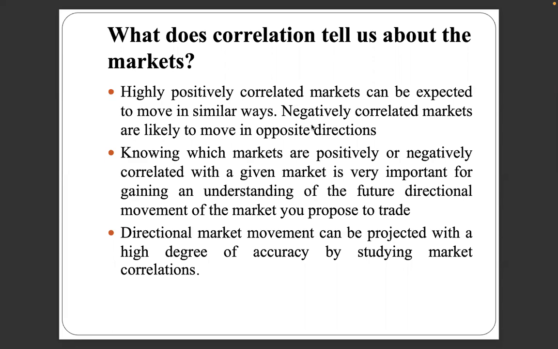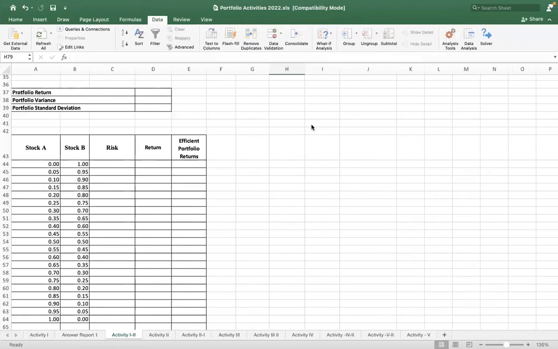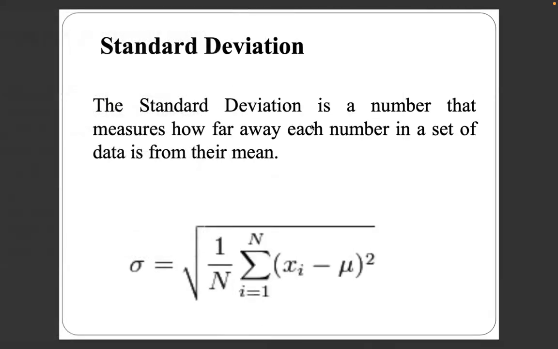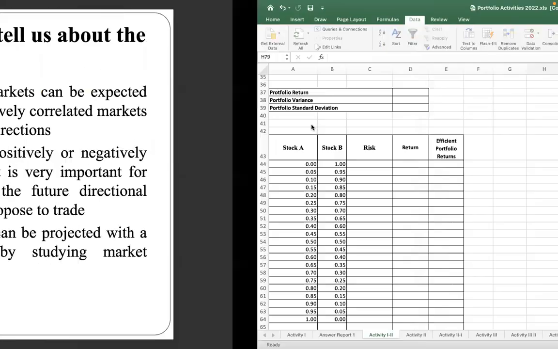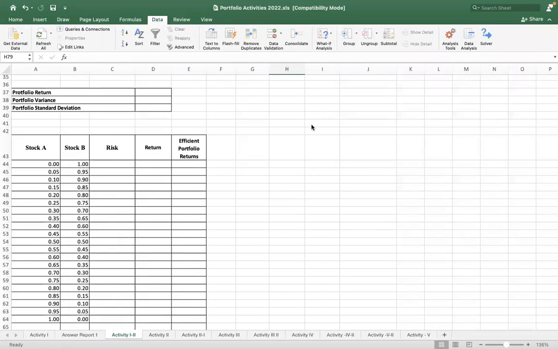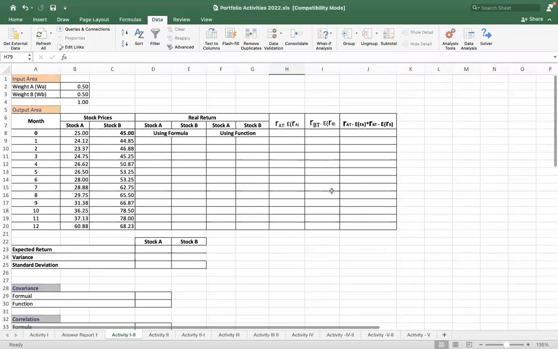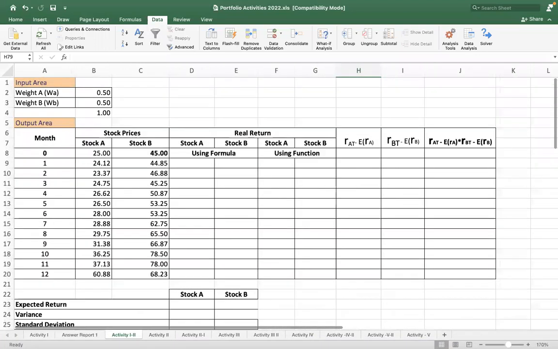Right. Then let's practice one example. Here is the example. These are two stocks we have, A and B, just examples.